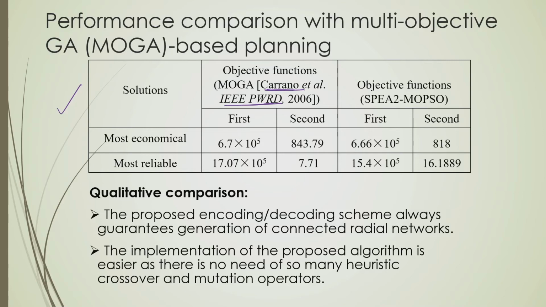In fact, we compared these two corner solutions only, and for this proposed approach, that is SPEA2 based MOPSO, we have the better solution in view of this economical objective, and in view of this reliability objective, it has slightly higher values for this corner solution. Therefore, we cannot comment that we are getting the best solution in view of both, but we can say we are getting a competitive solution for this approach. Okay.